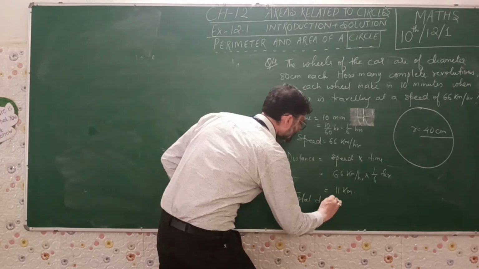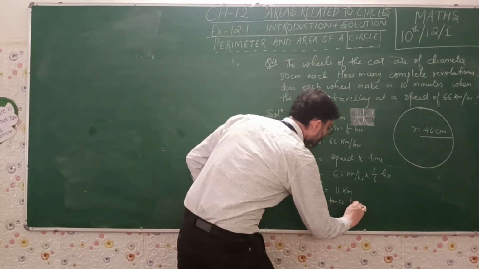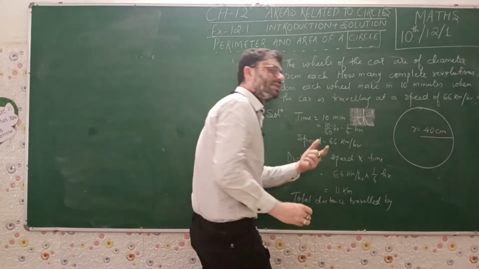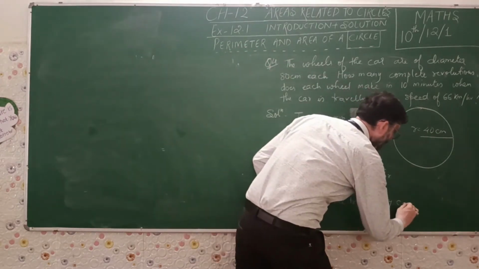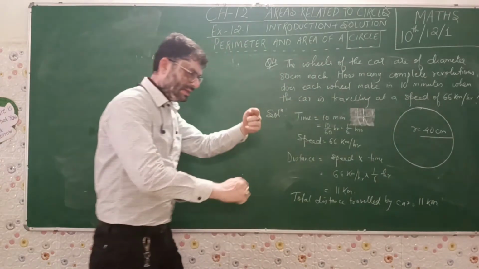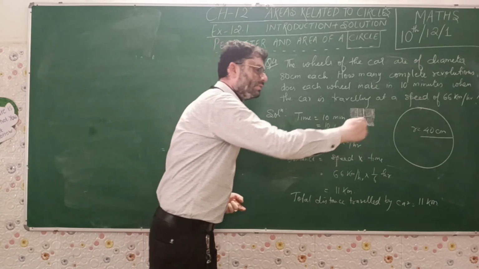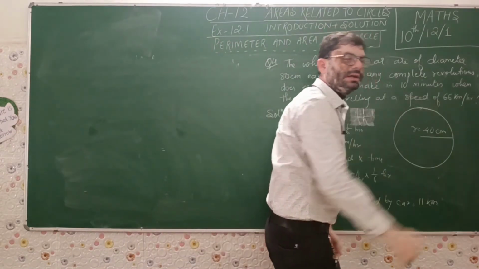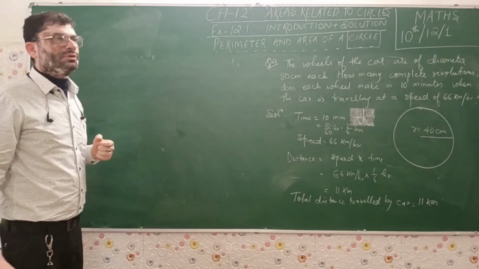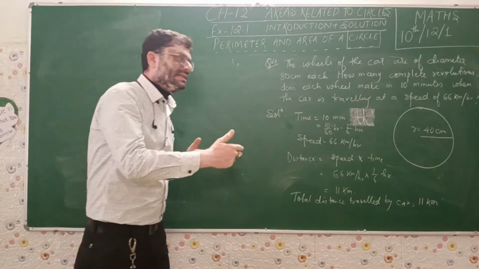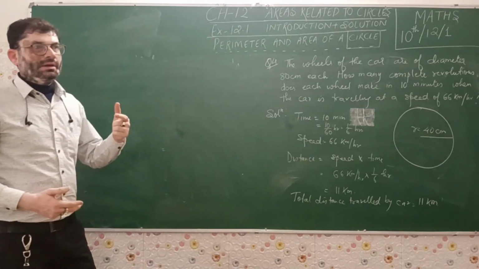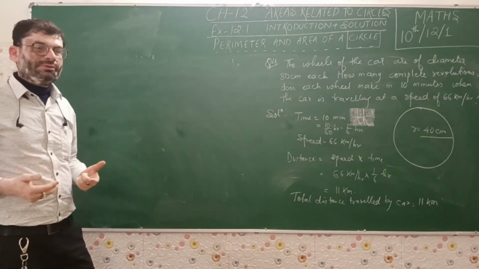Total distance traveled by the car, or you can say wheel, whatever you say, is 11 kilometers. That means the car is moving, and it has covered a total of 11 kilometers distance. Then we will have to know how much distance is covered in one revolution. Then only we can find the number of revolutions.